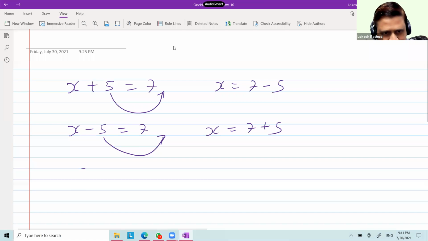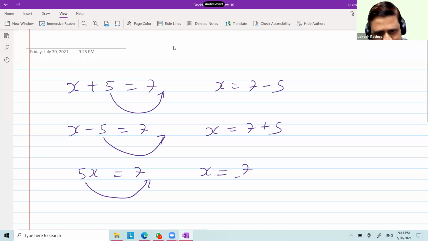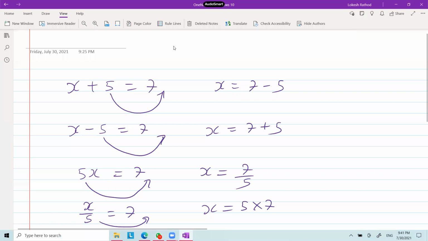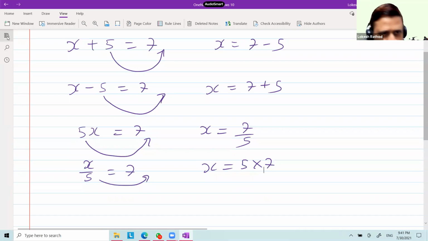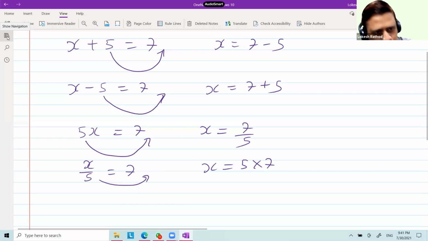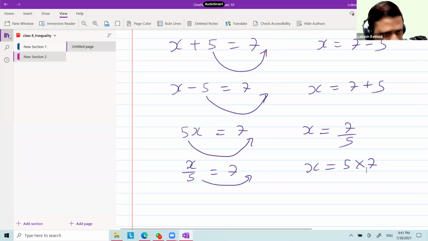If 5x equal to 7, 5 goes that side, so x becomes 7 over 5, a division. And if x over 5 equal to 7, here 5 goes that side and x becomes 5 times 7. So these are the basic rules which you already know, and we use a combination of these rules to solve the given equation.